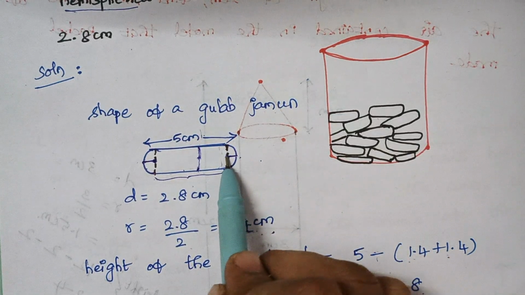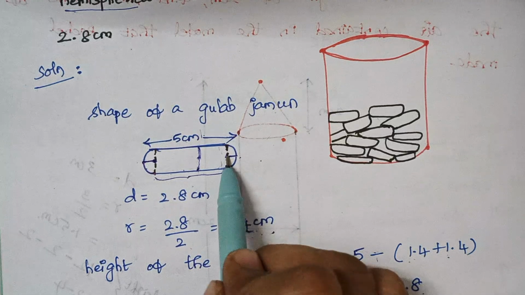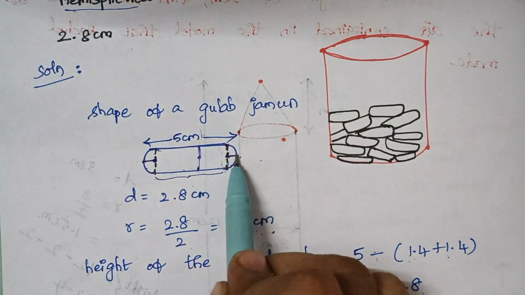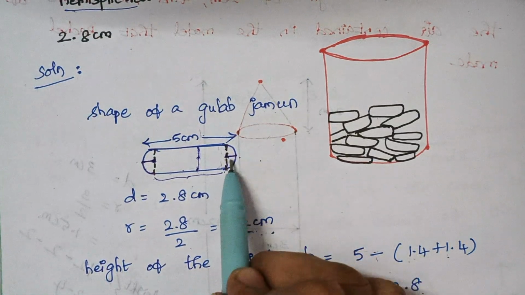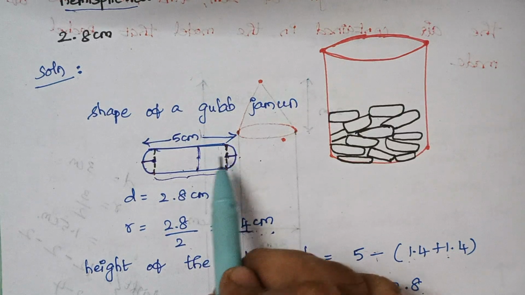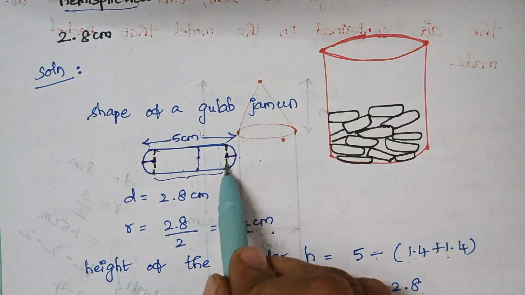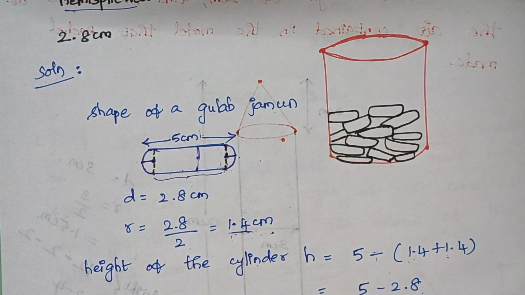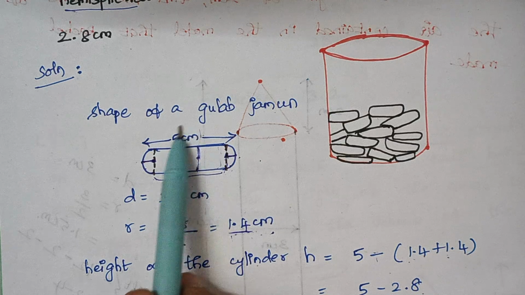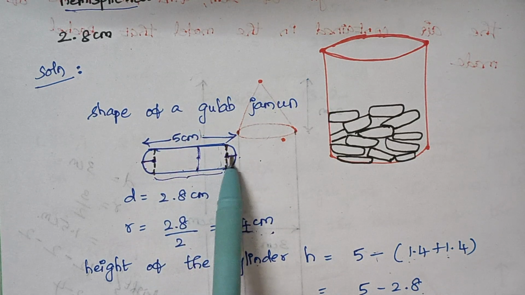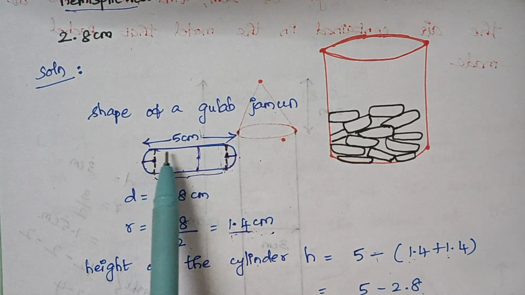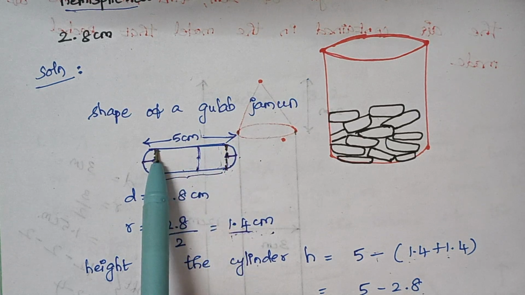What do you mean by radius here? The radius is a line which connects the center to a point on the circumference. This is your radius, this is also a radius, and this portion is also a radius. So from 5 you have to reduce this part as well as this part to find the height of the cylinder.